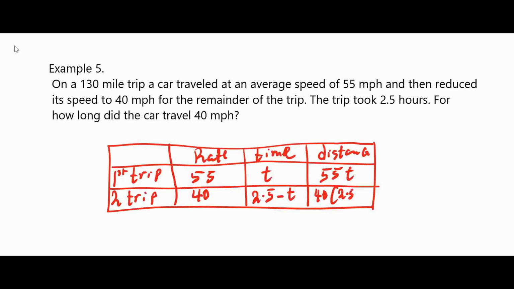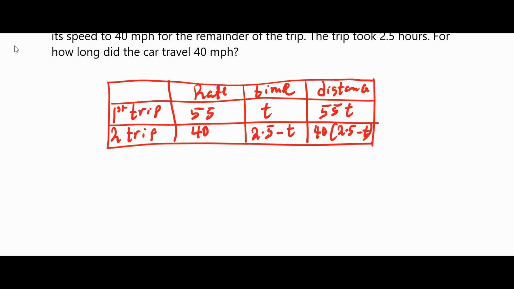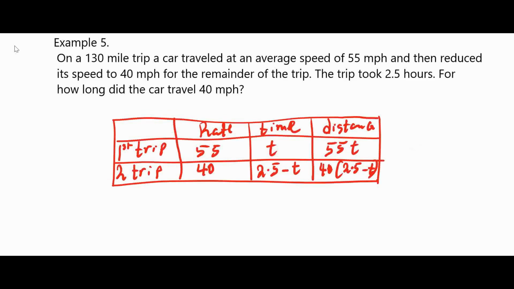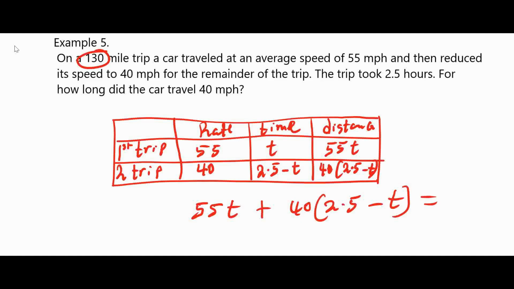Remember the total distance traveled is 130 miles. So if we add up 55t and 40 times 2.5 minus t, this will equal 130.